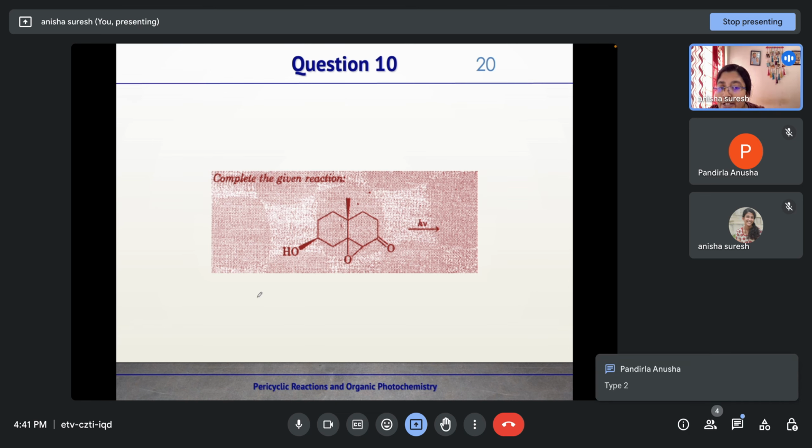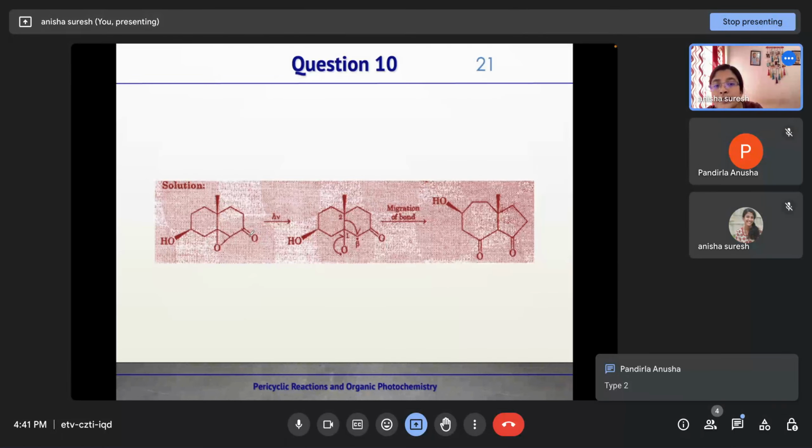It is a type 2 reaction, right? Now we will see the mechanism. So here, this cyclopropane bond will be labile, which will lead to the formation of radicals first.